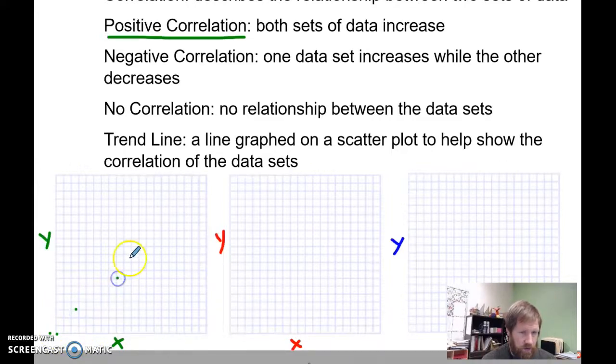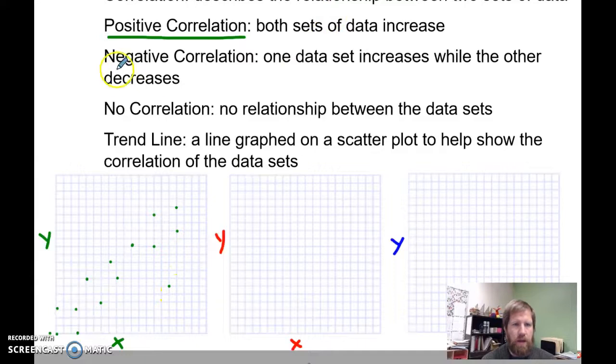So it's going to be a graph that has points making a general upward slope. You could have points all over the place in here, but generally your slope is going to go up. You might have a little outlier, but my general slope is still going up. Most of my data points are increasing in both values.